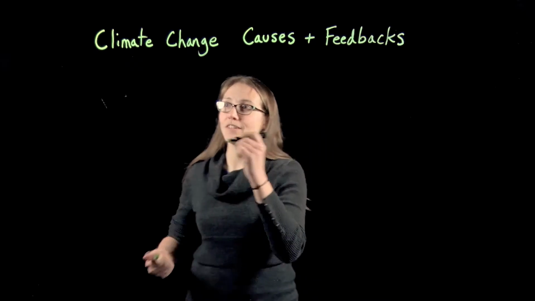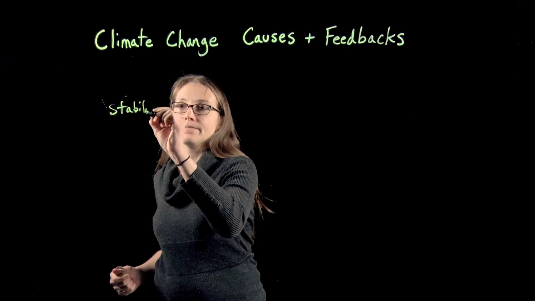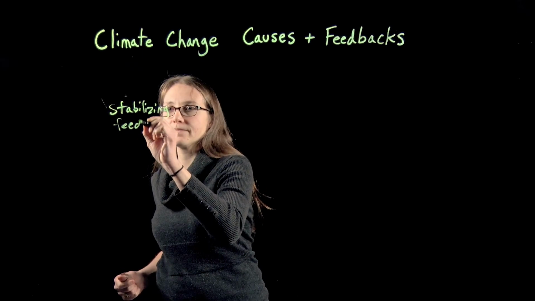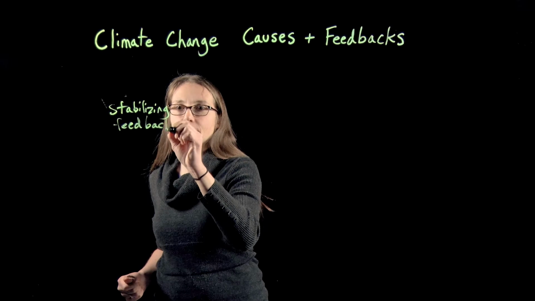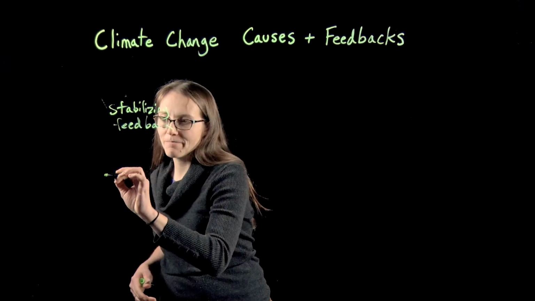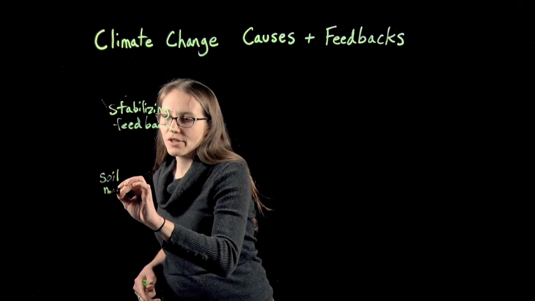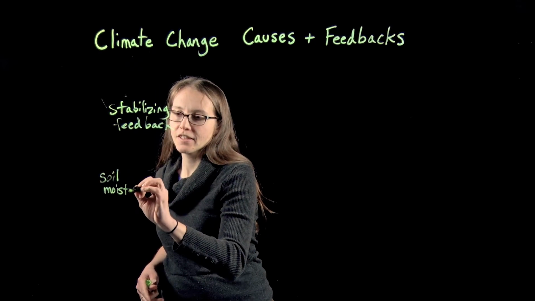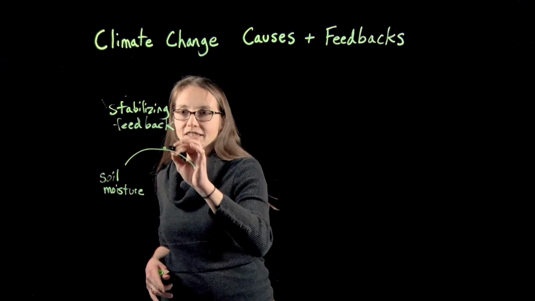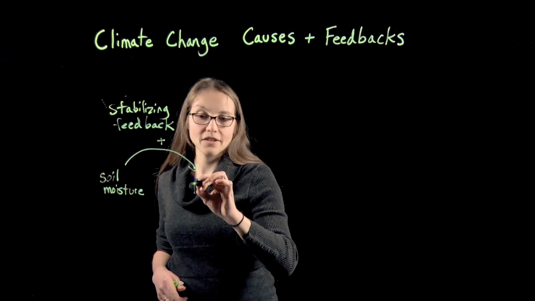An example of a stabilizing feedback, here's one. You've got some plant system, and you've got soil moisture. And if the soil moisture increases, then it might lead to greater plant growth.